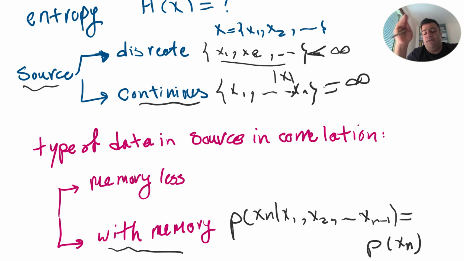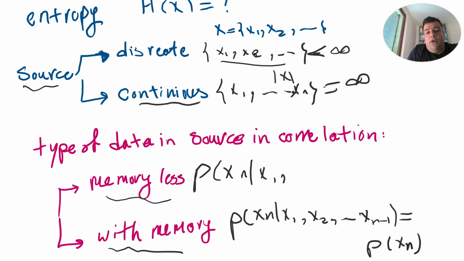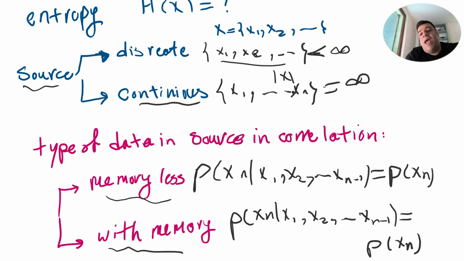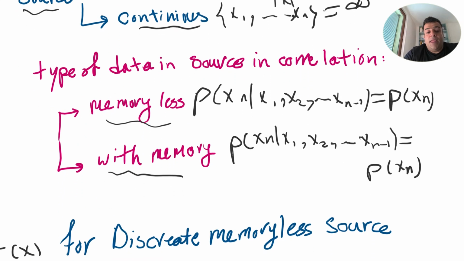For example, you are at x10. It's not related to x1, x2, x3, x4 until x9. But when it is a memory source, exactly P(xn | x1, x2, ..., xn-1) is not equal to P(xn). If you're going to write mathematically, it's something like this.